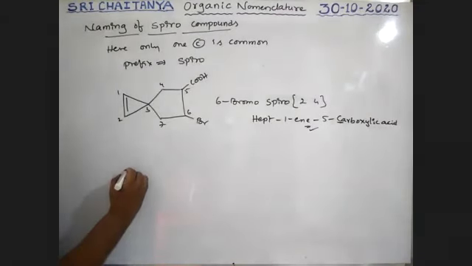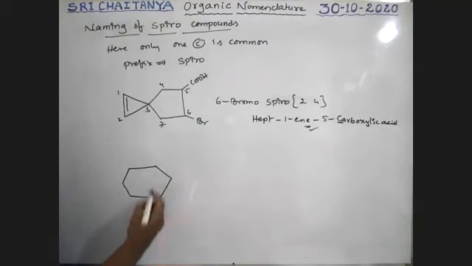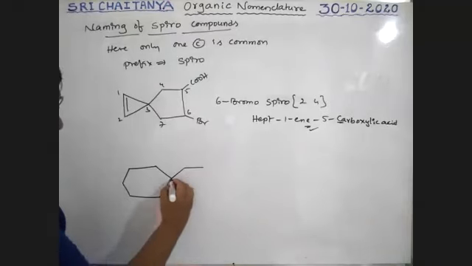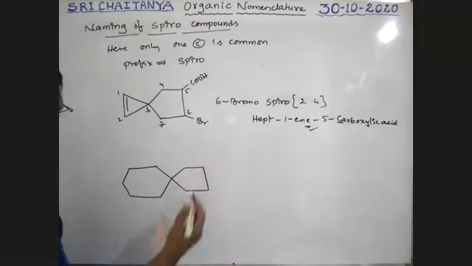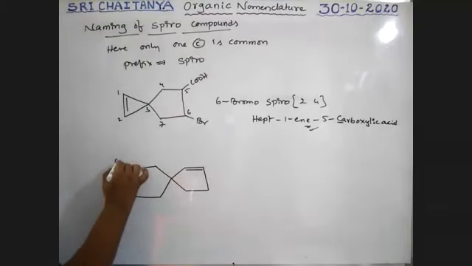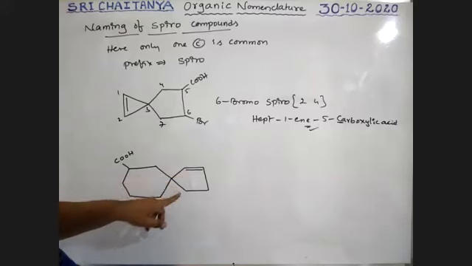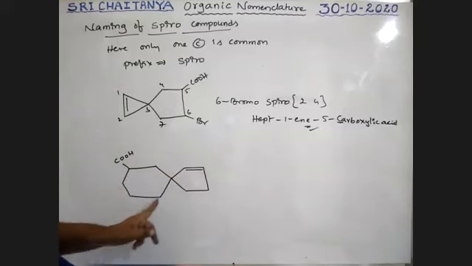See here, what is the name of this compound? Here I am giving a double bond, and here I am giving COOH. Now, what is the name of this compound? See boys, first lower chain to higher chain, so the double bond should come first. It is a 4 carbon chain, it is a 5 carbon chain.